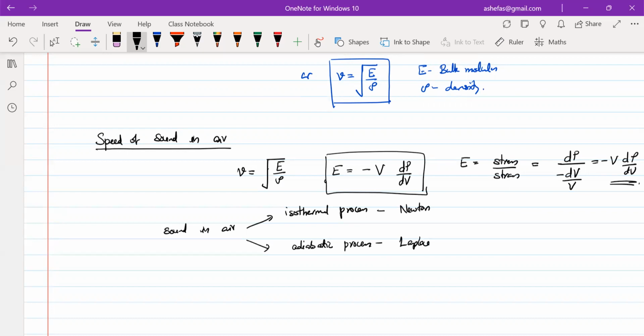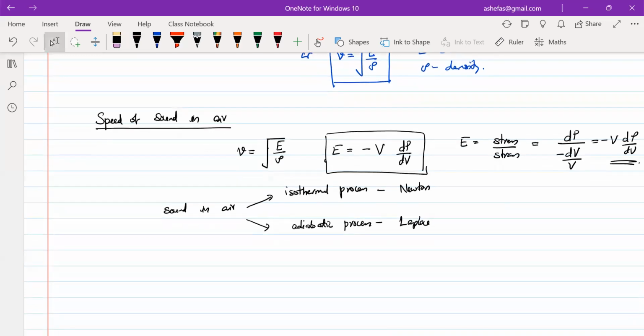Okay, you might already know what isothermal and adiabatic processes are, because you studied them in thermodynamics in plus one. Isothermal process means the process in which the temperature remains constant.